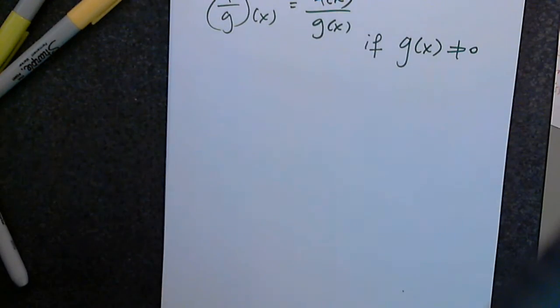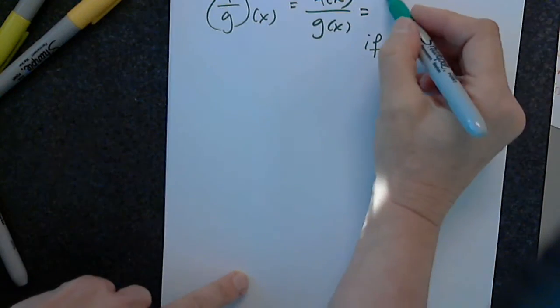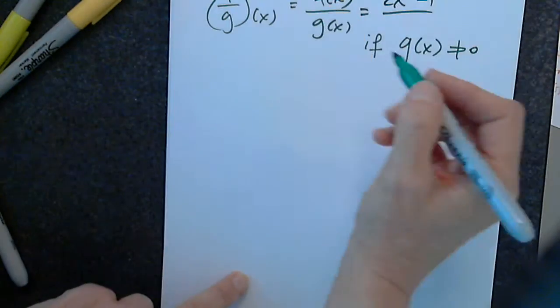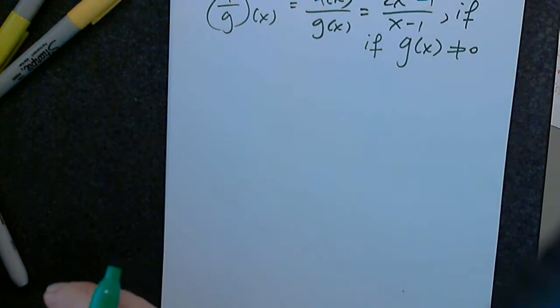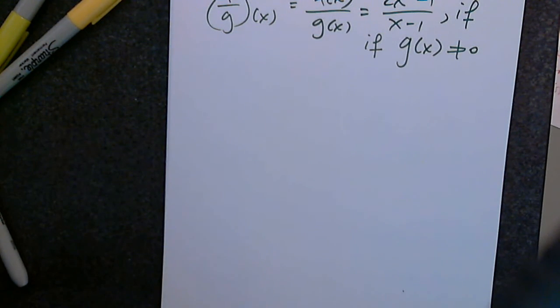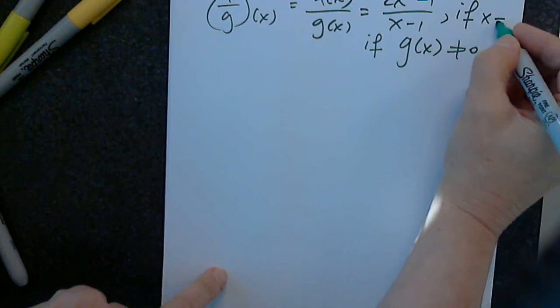From rational equations, we know that the denominator can never be 0, correct? Good, very good. So now please tell me what to write. I copy the top, which is 2x squared minus 1. I copy the bottom, which is x minus 1. And now I'm ready to write if this function will exist. If x does not equal 1.